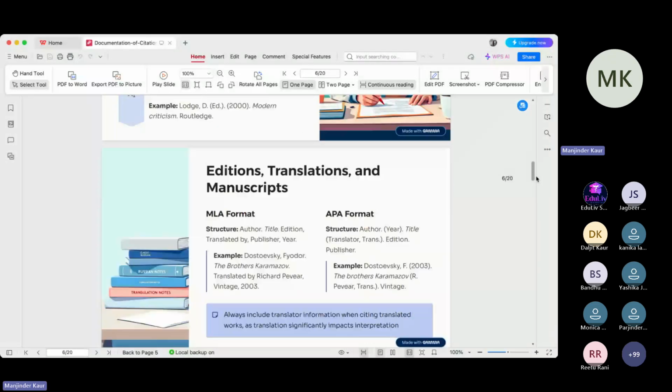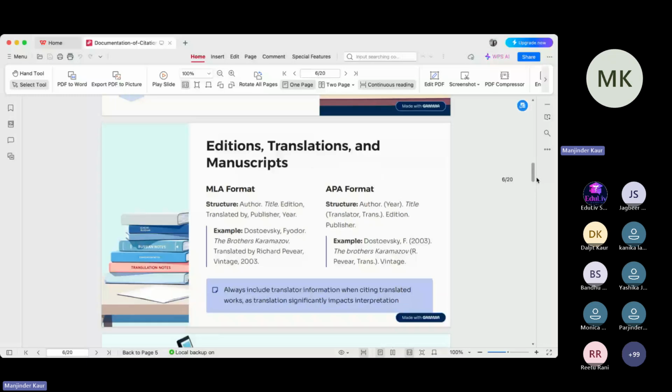Coming to editions, translations, and manuscripts. MLA format: author followed by a period, then the title in italics, after that a period, the edition, which year, then a comma, and then translated by whom, and a period, and the publisher, then a comma, the year, after that a period.